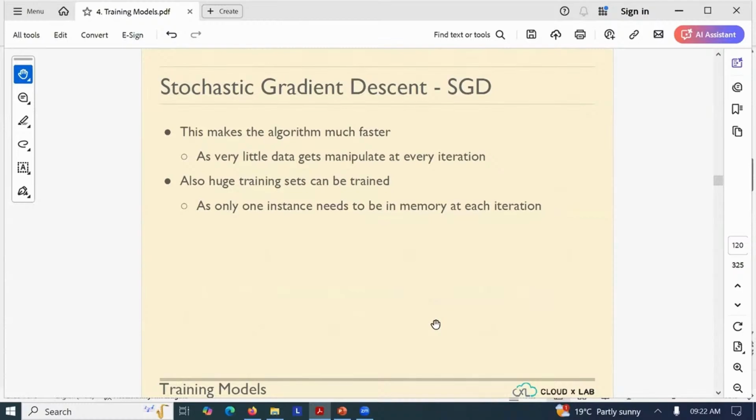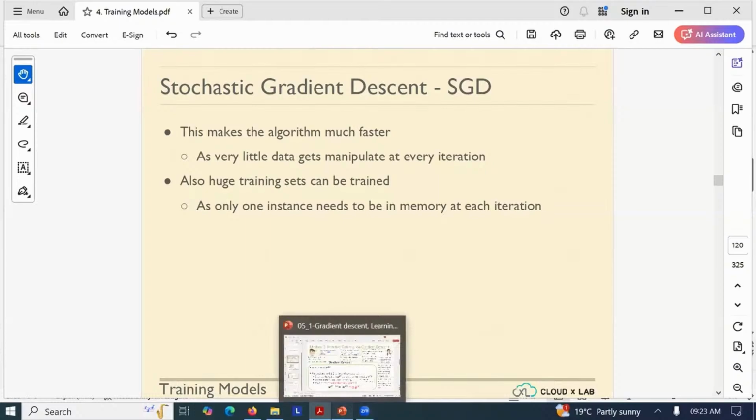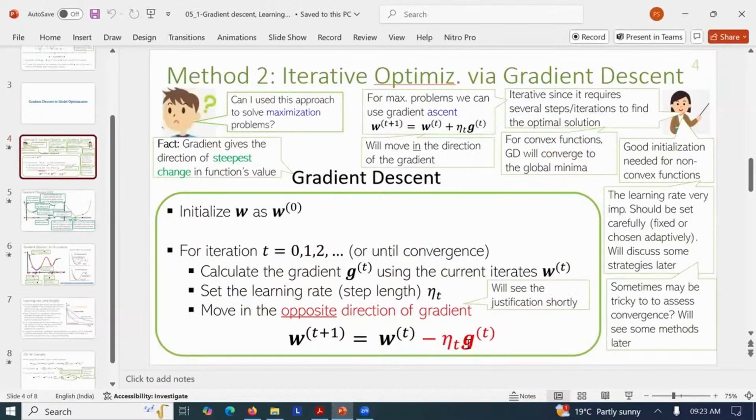Now this SGD makes the algorithm much faster, because in each iteration we can very quickly compute the gradient, since we are only computing it using one example at a time. So the gradient computation will be easy.